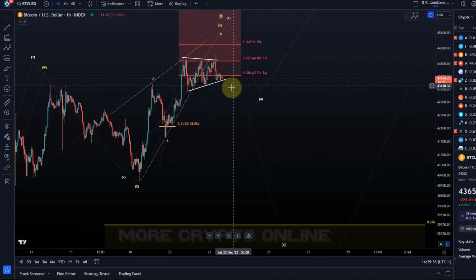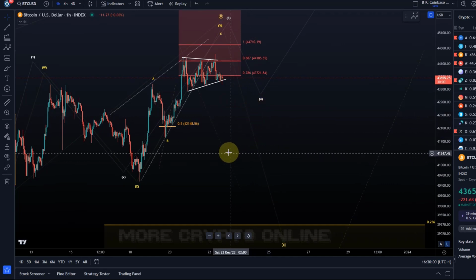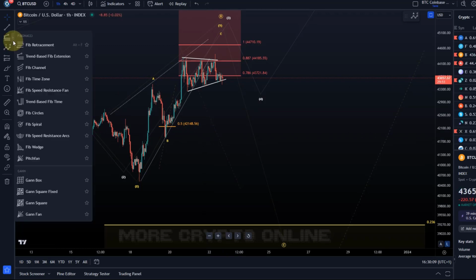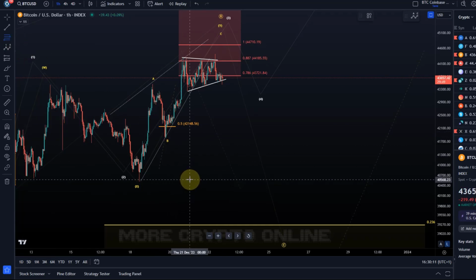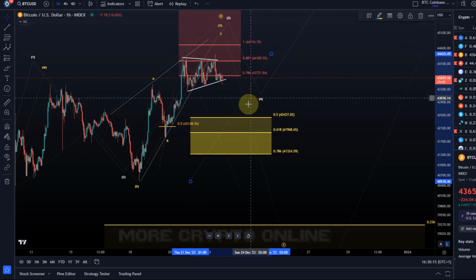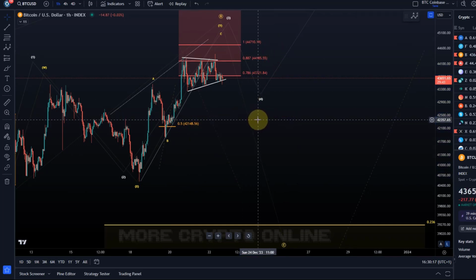When can we say the C wave is unfolding? Well, it's obviously dynamic. Probabilities are building along the way, but basically a move below roundabout 41,830 would be the first good indication that the C wave to the downside has started. Yeah, I think that's probably the best indication. But we talk about a sustained break, so it would be a little lower possibly.